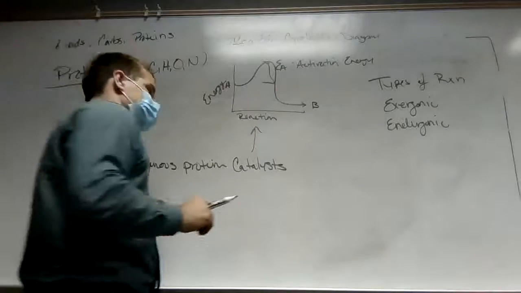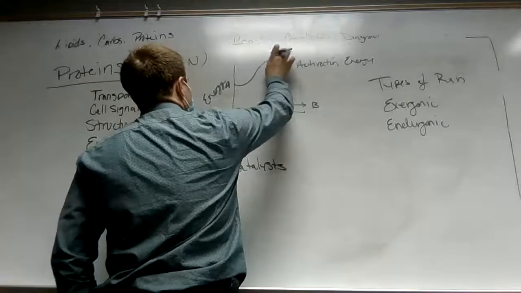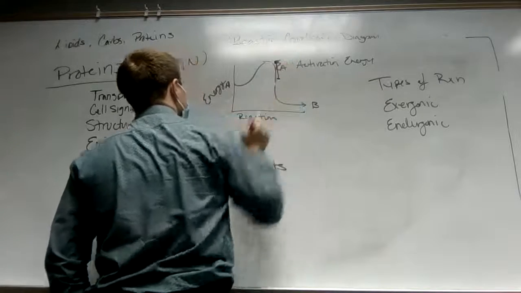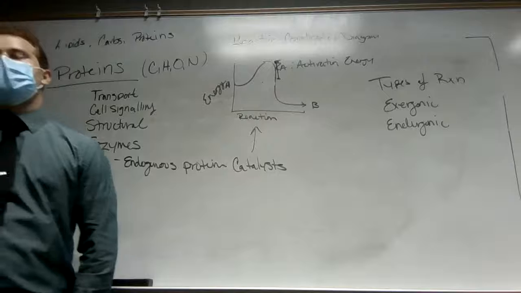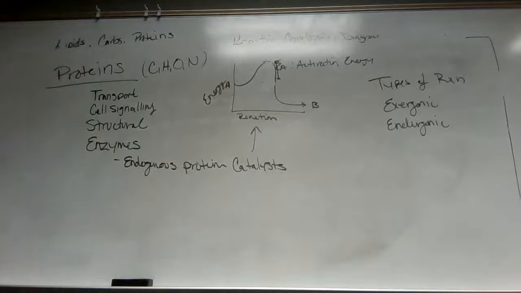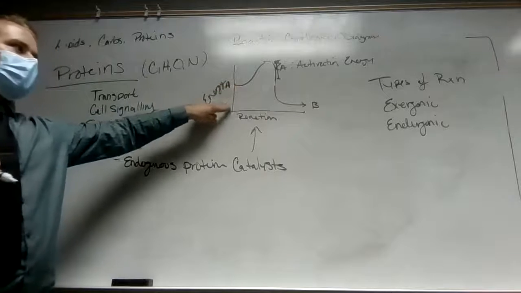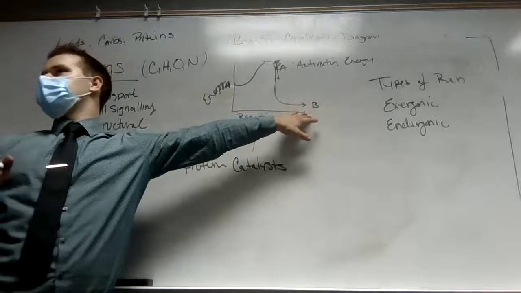Well, that has to do with the catalyst. So right now, let's just look at the reaction itself. Exergonic or endergonic. So our energy level when we started is higher than the energy level that we ended at.